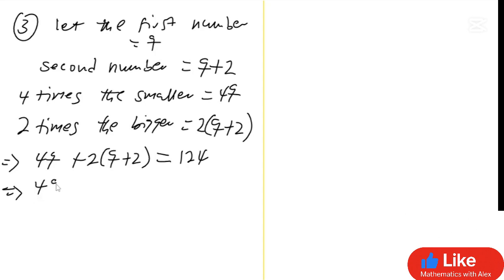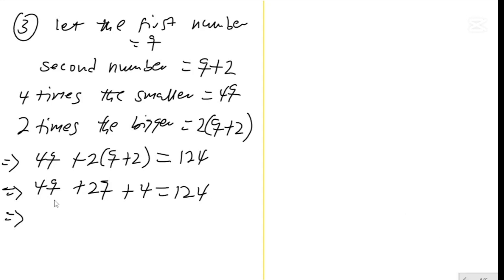So we have 4Q plus 2 multiplied by Q is 2Q plus 2 multiplied by 2 is 4, and this gives us 124. 4Q plus 2Q is given as 6Q, and then we have 124 minus 4. 6Q is equal to 124 minus 4 is given as 120.